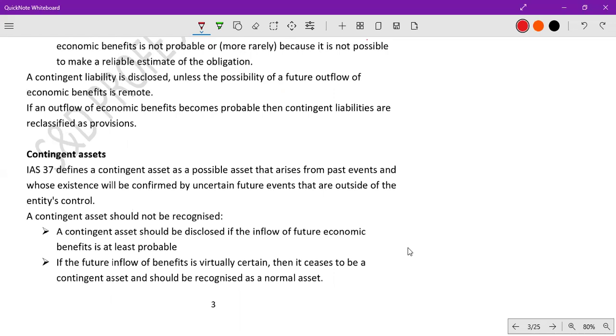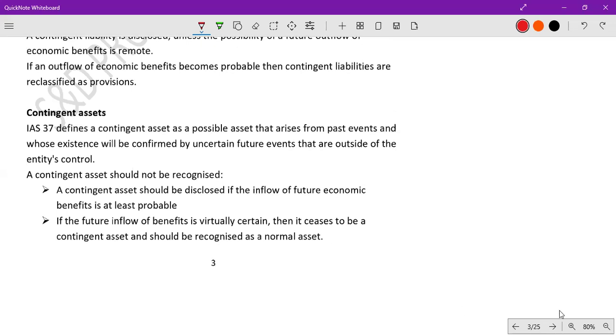But in any case, the prudence concept is always paramount. We don't jump into conclusion and recognize a contingent asset just like that. But for contingent liabilities, when there is even a small chance of it occurring, just as the prudence concept always advises.